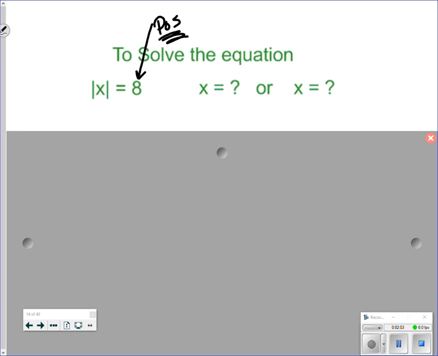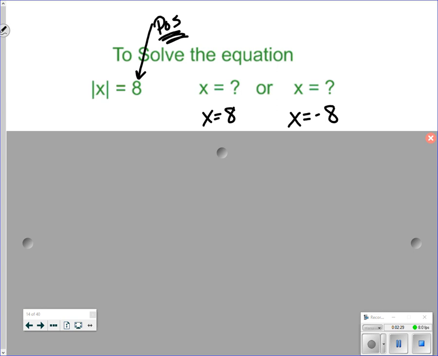Well, there's 2 locations that this equation would be true. If I put positive 8 in for x, it would equal 8. And if I put negative 8 in for x, it would equal 8. So anytime an absolute value equation equals a positive, then you will write 2 equations, one for the positive value and one for the negative value.